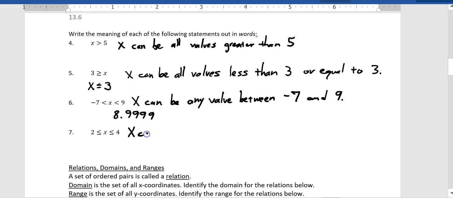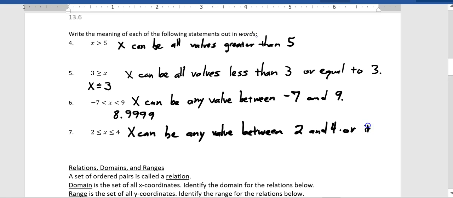So x can be any value between 2 and 4, or it can equal 2 or equal 4. Of course, it can't equal 2 at the same time that it equals 4, hence we use the word or. Okay.